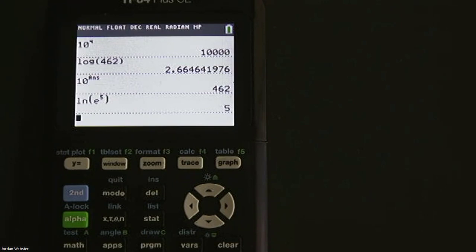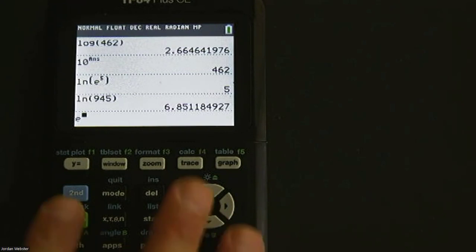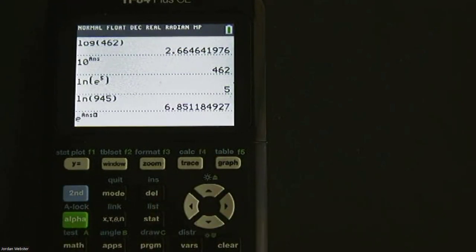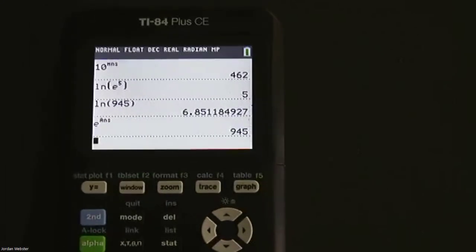Well, that's 5. So e to the 5th is equal to e to the 5th. And then we had natural log of 945. And what we're saying is that e to that power, that 6.85, so on and so forth, is equal to 945.